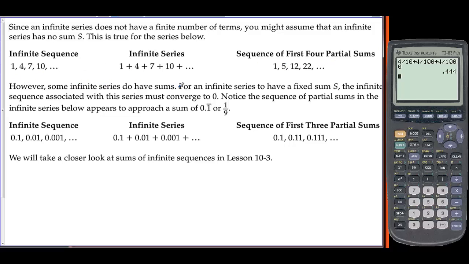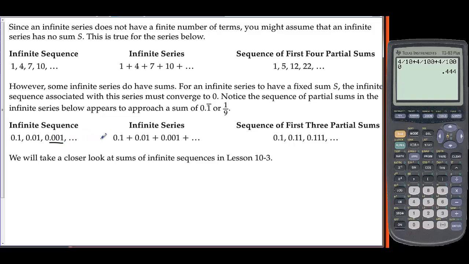However, some infinite series do have sums. For an infinite series to have a fixed number s, the infinite sequence associated with this series must converge to 0. Notice the sequence of partial sums in the infinite series below appears to approach a sum of 0.1 repeating, or 1/9. So the infinite sequence could be 0.1 and then 0.01 and 0.001. And notice how each of the next terms is getting smaller and smaller.